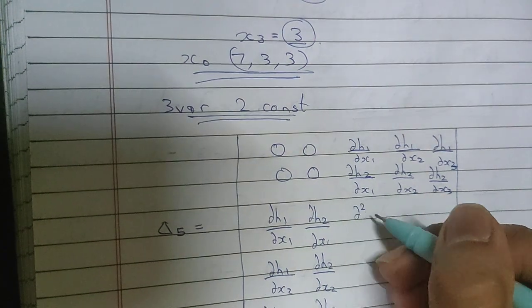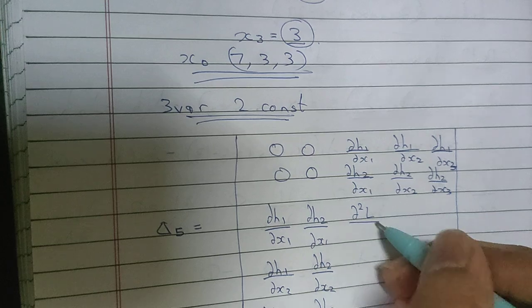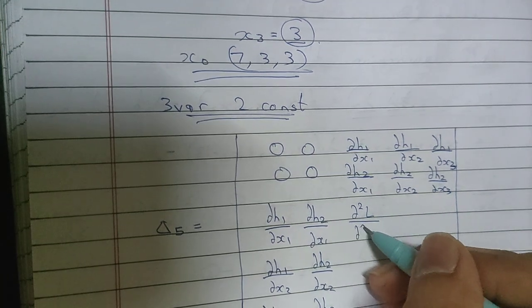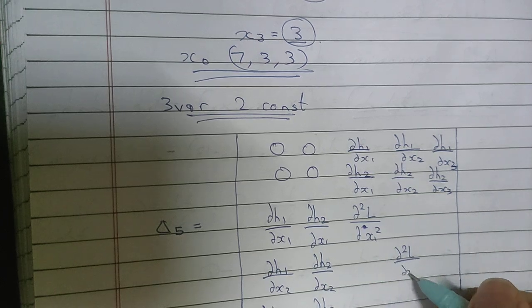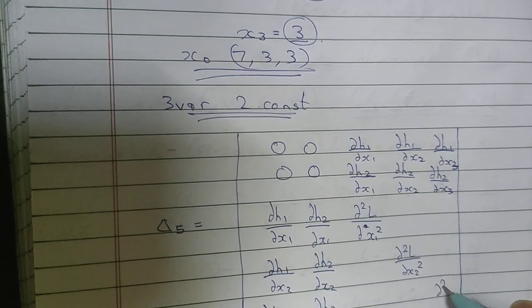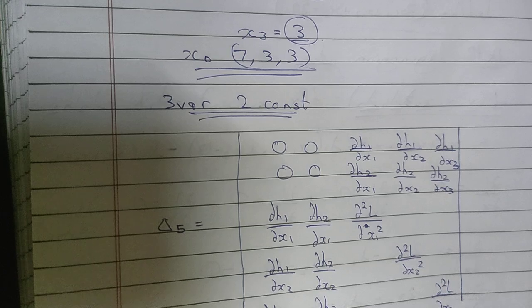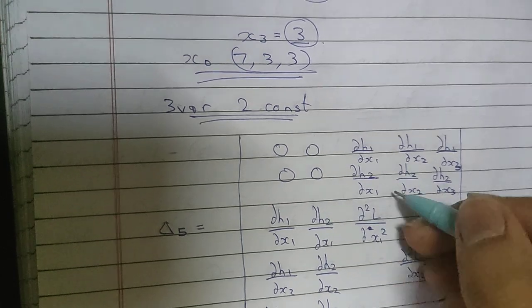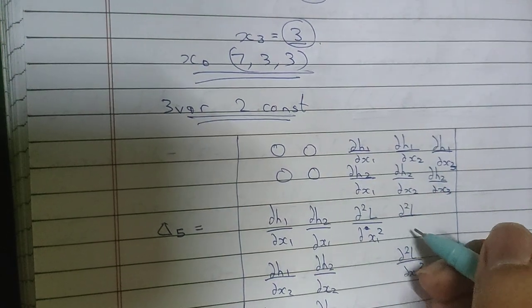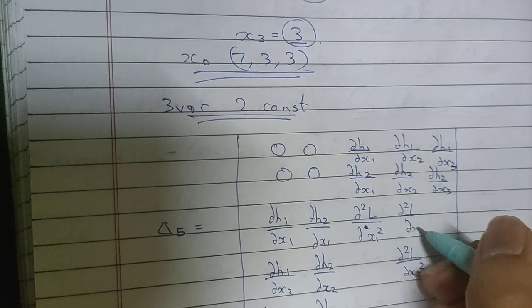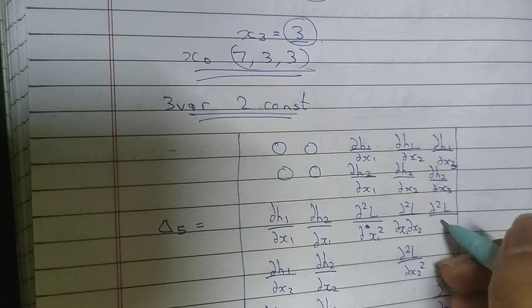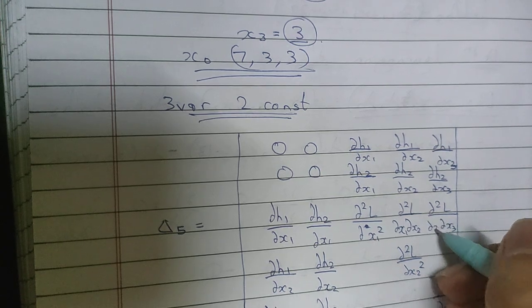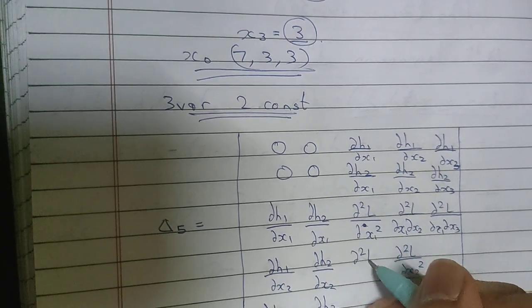Then we'll be differentiating our Lagrangian function with respect to x1. These are the diagonal elements, with respect to x2, with respect to x3. Then we'll have x2, x1 and x3, x1, and these ones will be just those reversed.